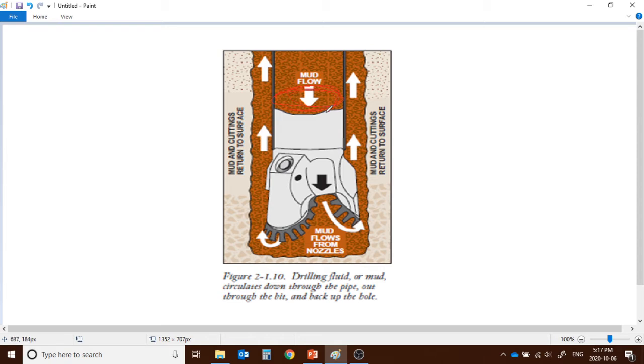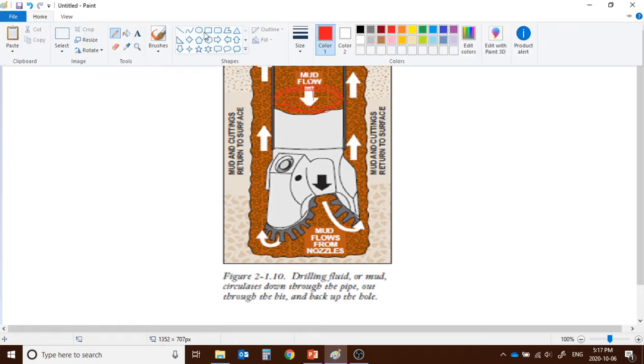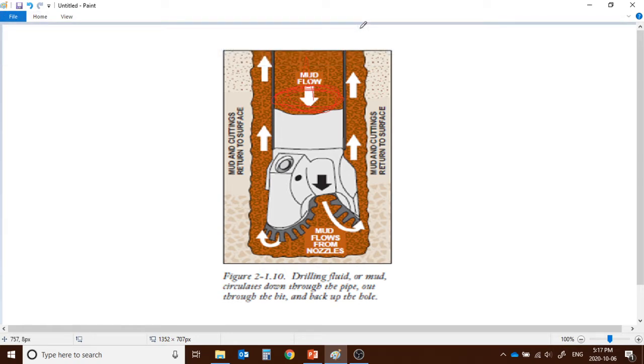And there is also a tube, here we've got the tube, and it's attached with these drills.